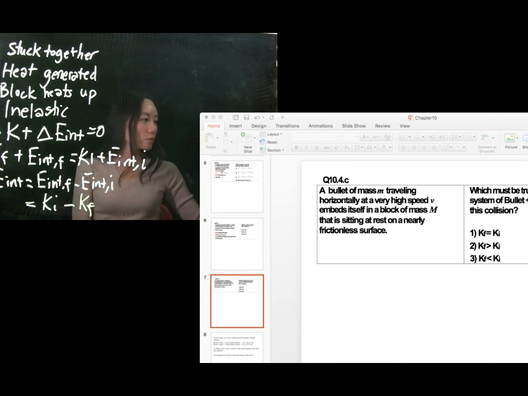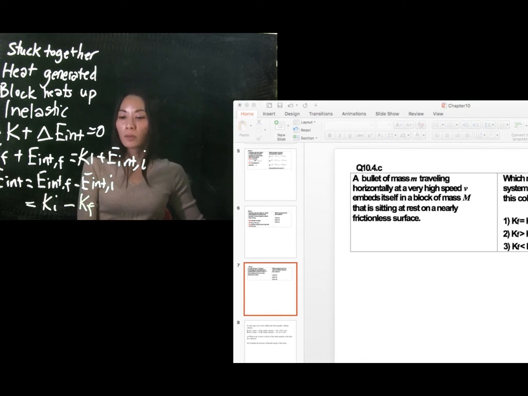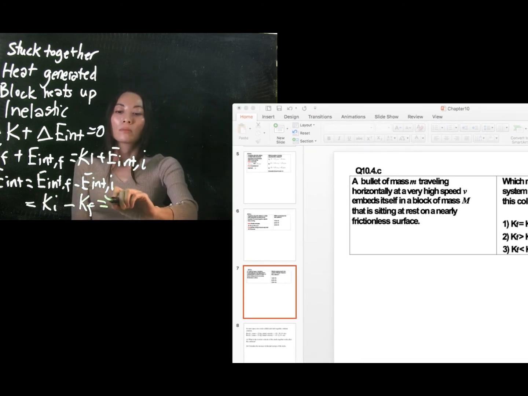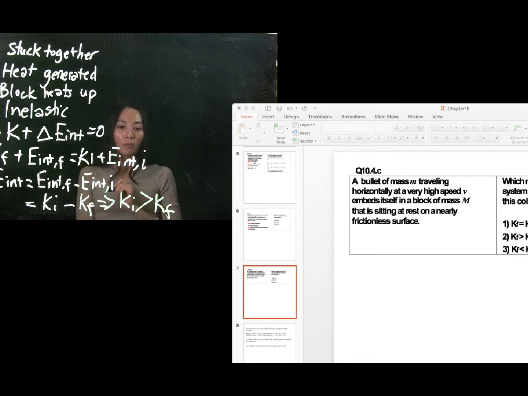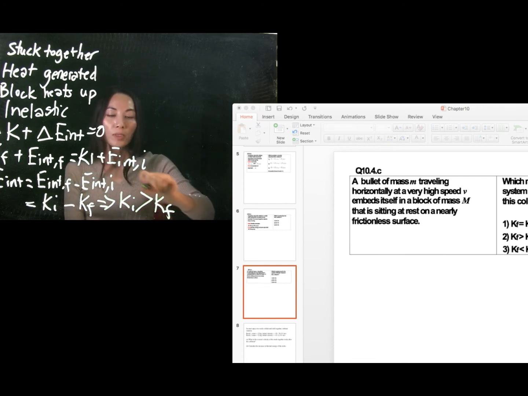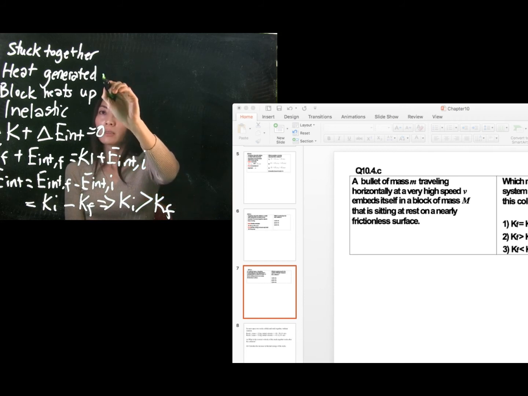Right, so since there is a positive change in the internal energy, we can say that K initial is more than K final. So that means that the final kinetic energy of the system is less because a portion of the initial kinetic energy is transformed into heat.